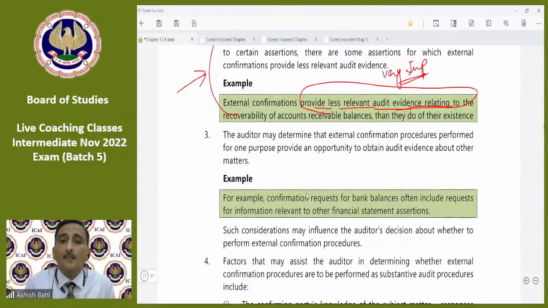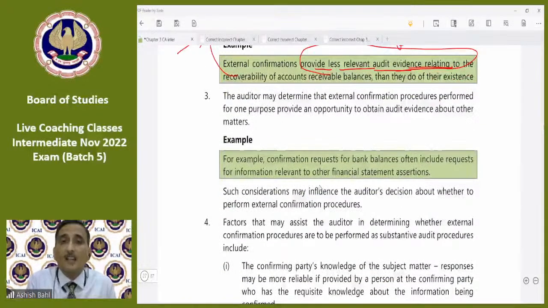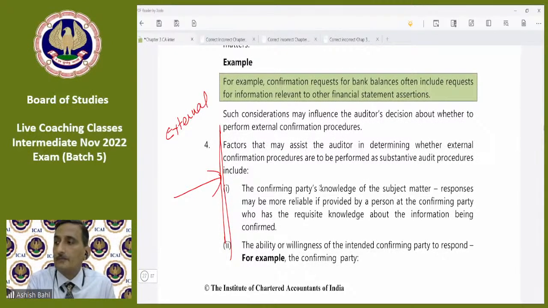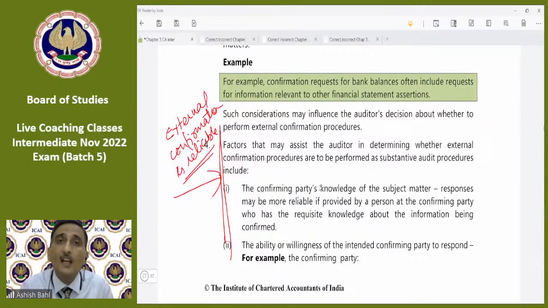and students, you have to understand that to ensure that evidence obtained from external confirmation is reliable, it is important that the confirming party from whom confirmation is being sought has knowledge of that subject matter.